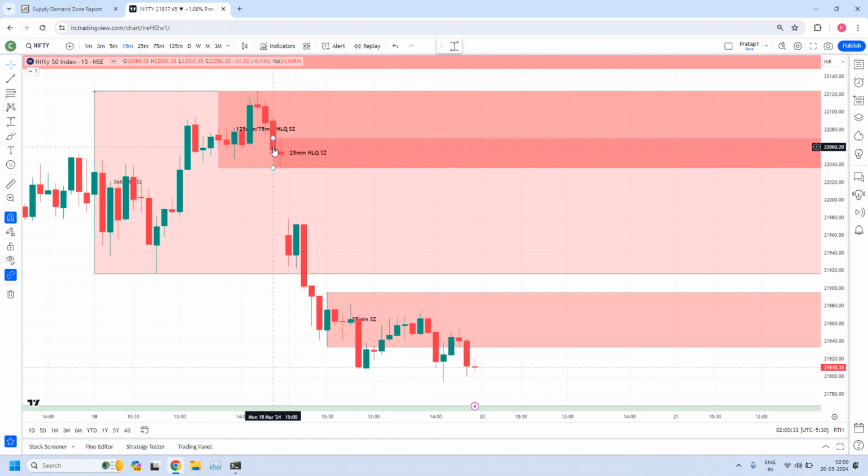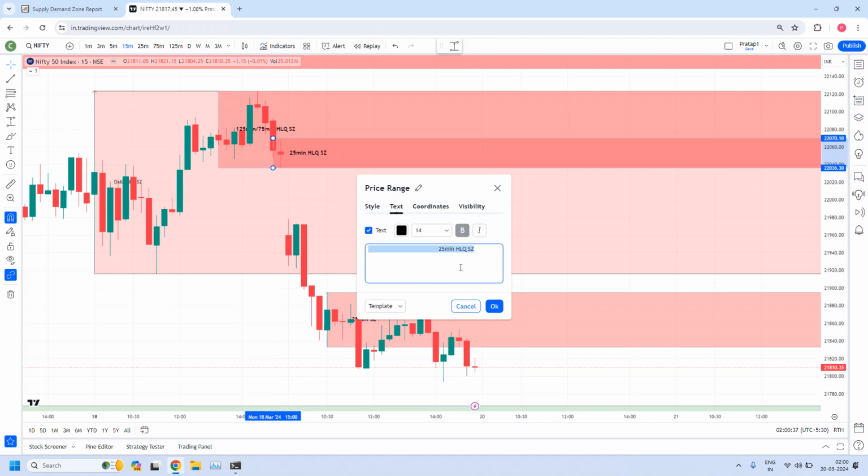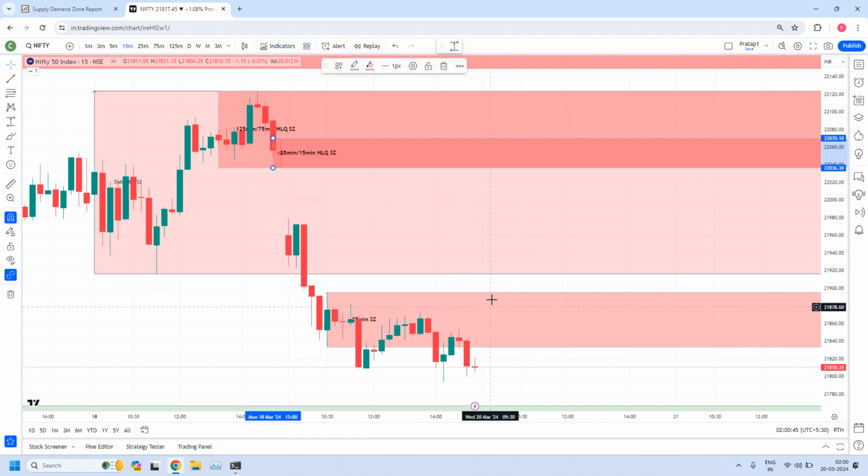Same candle. That means the same zone is a 25 minutes or 15 minutes high liquidity supply zone.